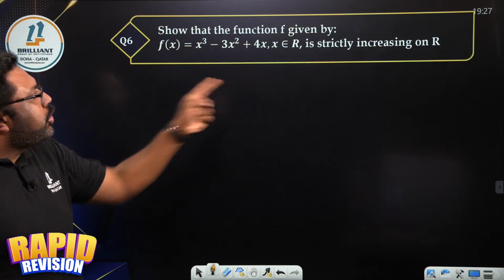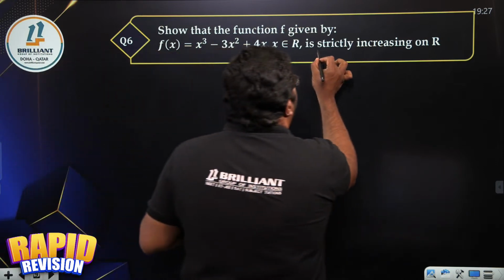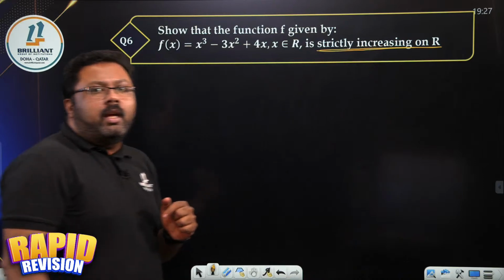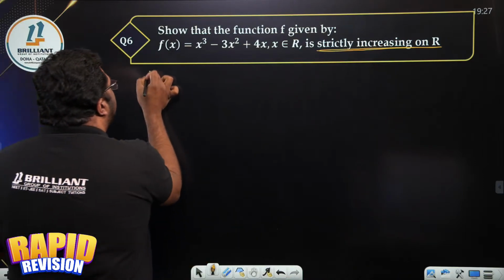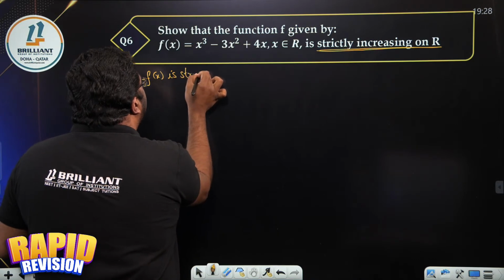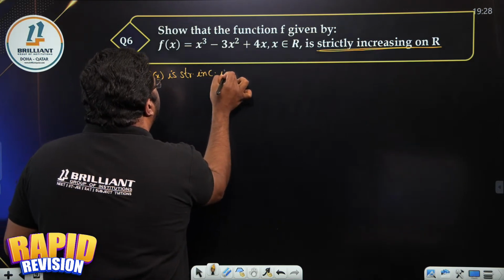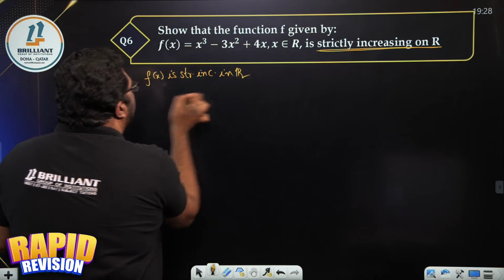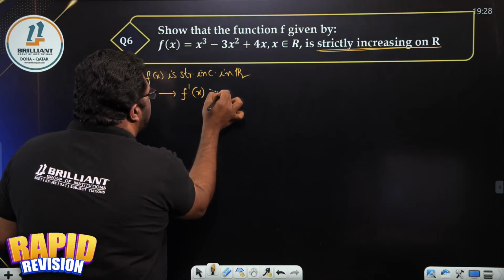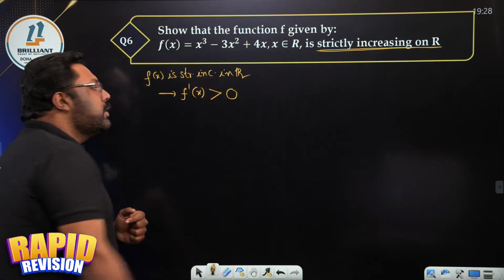Show that the function is strictly increasing on R. What is the meaning that a function is strictly increasing in R? f of x is strictly increasing in real numbers implies f dash of x is strictly greater than 0.